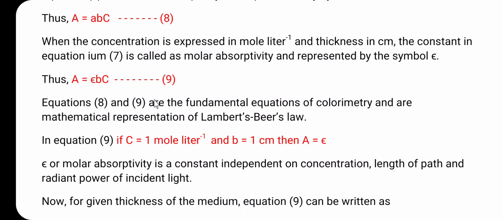So, here in the equation 9, A is equal to epsilon into B into C. This molar absorptivity is not dependent on the concentration, it is not dependent on the path length as well as the radiant power of the incident light.